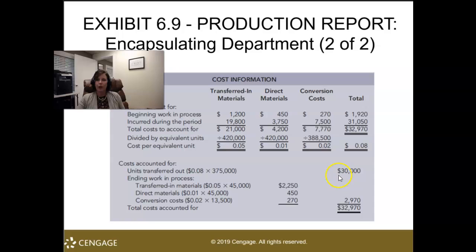And you see we've got our 30,000 in units transferred out, and the value of our ending inventory, and we have total costs to account for of 32,970, which matches, lo and behold, up here at the top, which is probably the midpoint, because this is the lower half of the production report, but of the 32,970 in terms of costs we needed to account for.